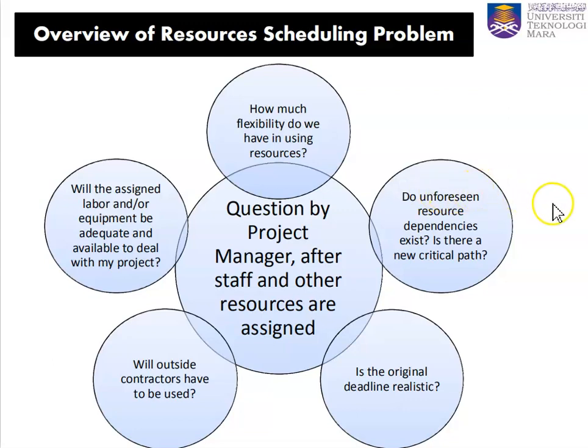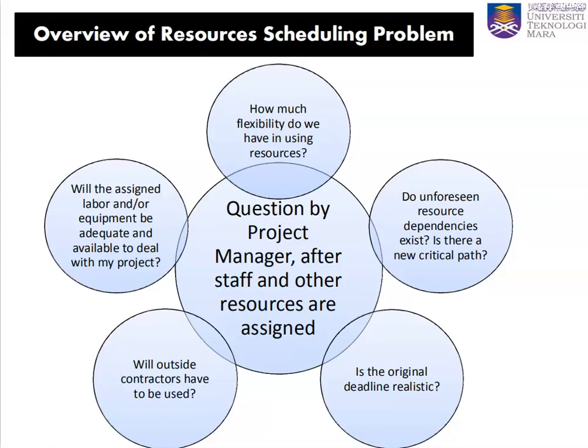Will unforeseen resource dependency exist, or is there any new critical path that will exist? Is the original deadline realistic? Will outside contractors have to be used? Will the assigned labor or equipment be adequate and available to deal with my project for the whole of the period? These are the questions that should be asked by the project manager.